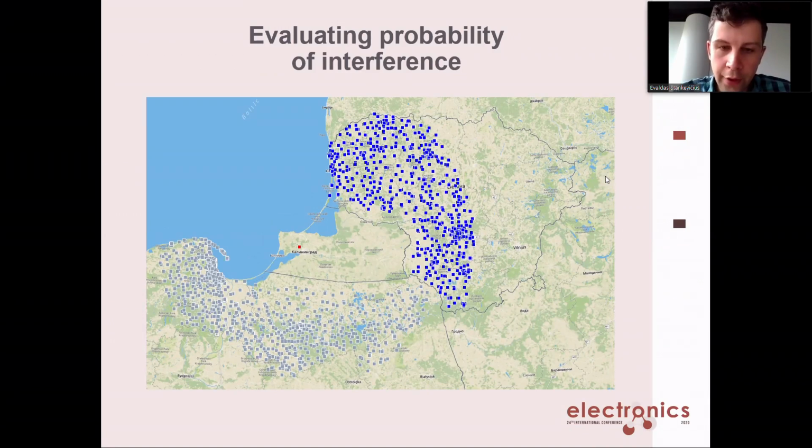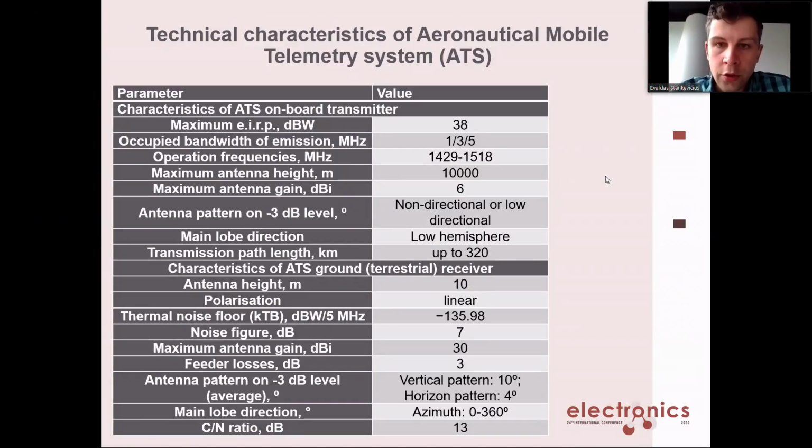It is a very narrow territory, just a couple of tens of kilometers, so possible interference from mobile networks in the neighboring country could be investigated and could influence ATS receivers. That's why we use such a close situation. We tried to find parameters as precise as possible, of systems that work in reality.